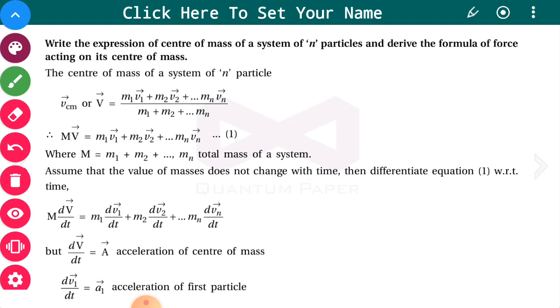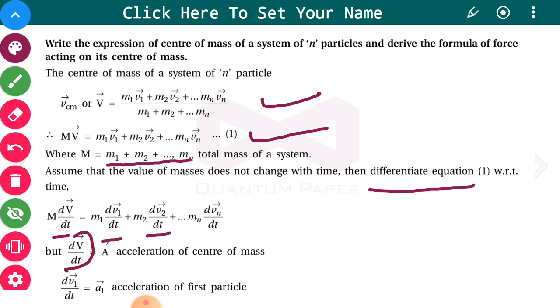Here the expression is written in a different form. Again in the original form, that is M V is equal to m1 v1 plus m2 v2 up to mn vn, where M is nothing but m1 plus m2 plus up to plus mn. Again differentiating with respect to time, we get dv1 by dt, dv2 by dt, and here it becomes dV by dt, which is nothing but the acceleration of center of mass.